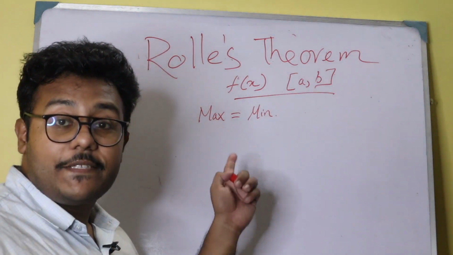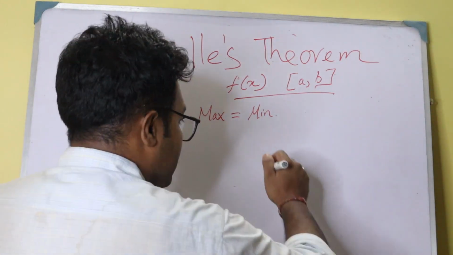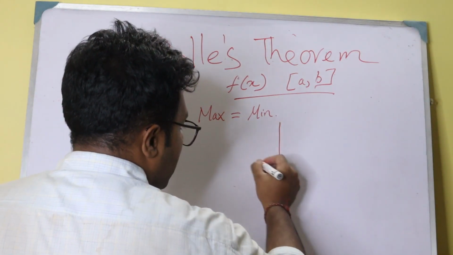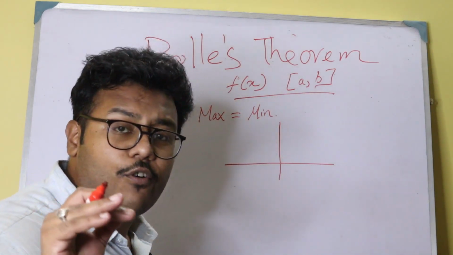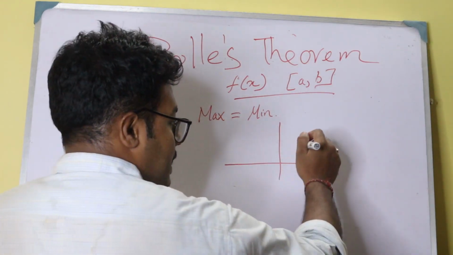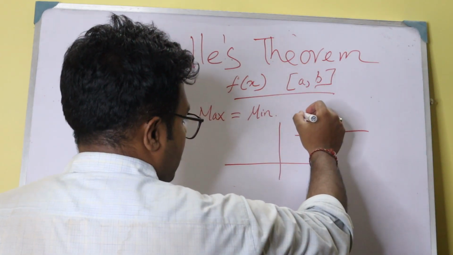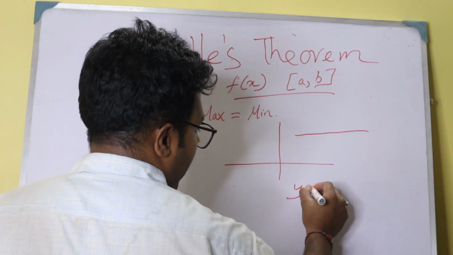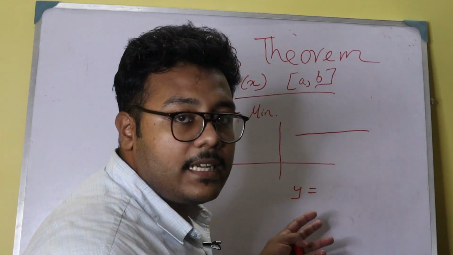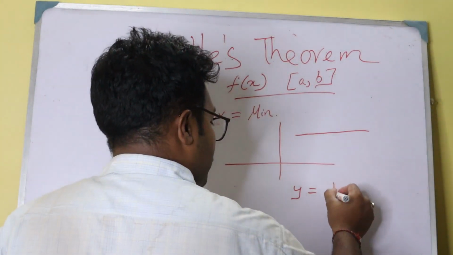Now, if max value and min value are equal, then we can conclude that the function is a constant value, right? See, if the function goes on like this, suppose we say y is equal to any random value d.